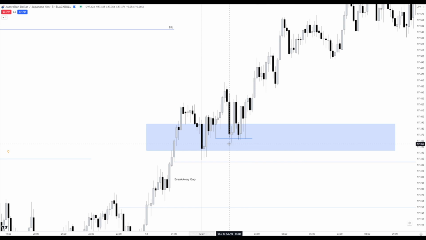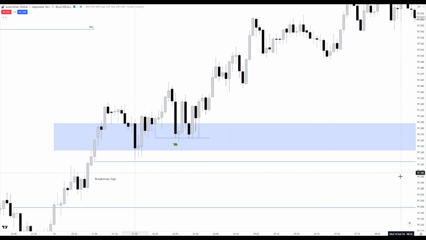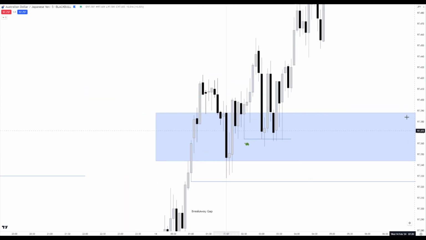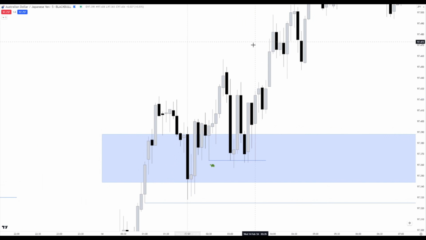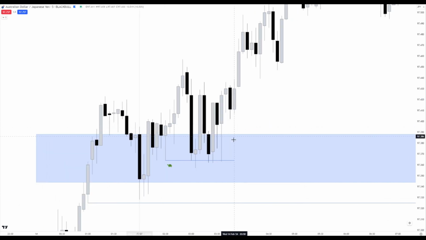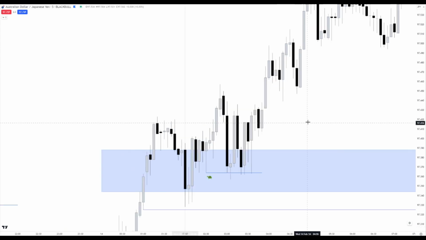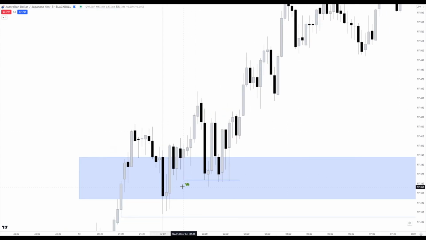Here we had this turtle soup here. And look, when this happened, it was really taken, so it went to the upside. As you can see, perfectly respected, not closing below this liquidity here, and went to the upside.